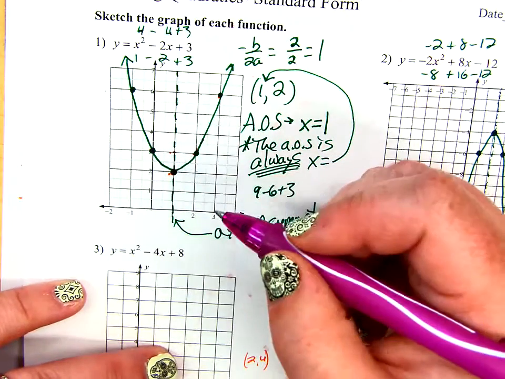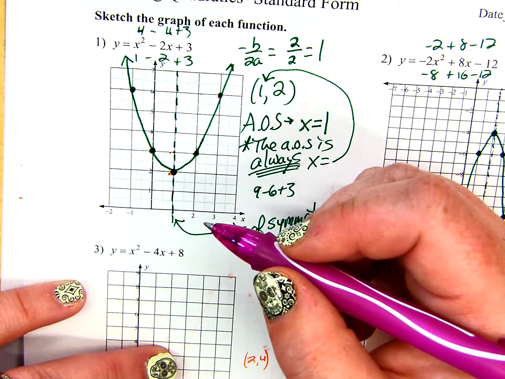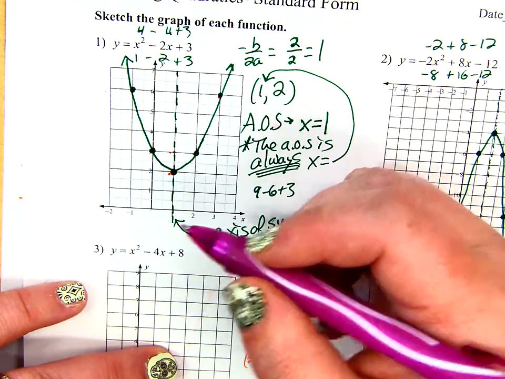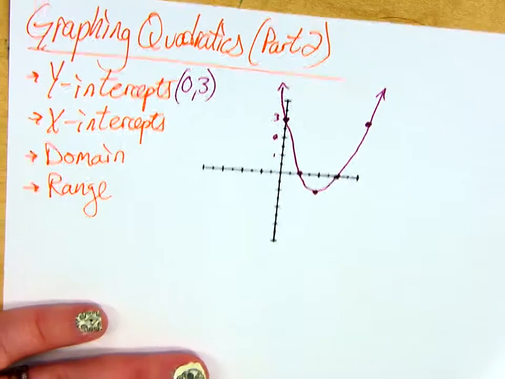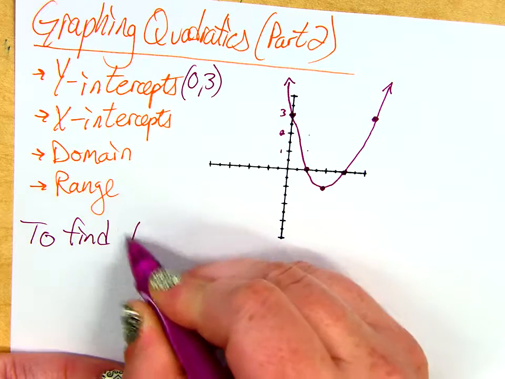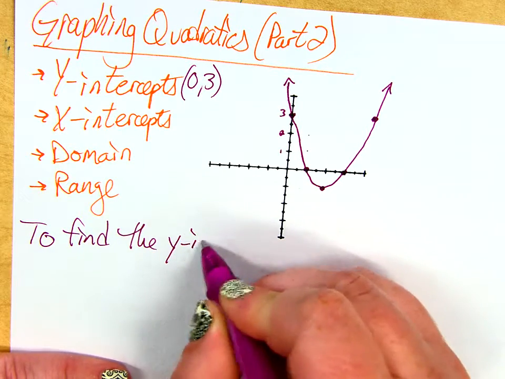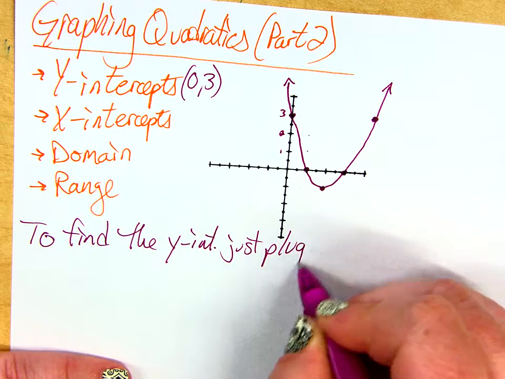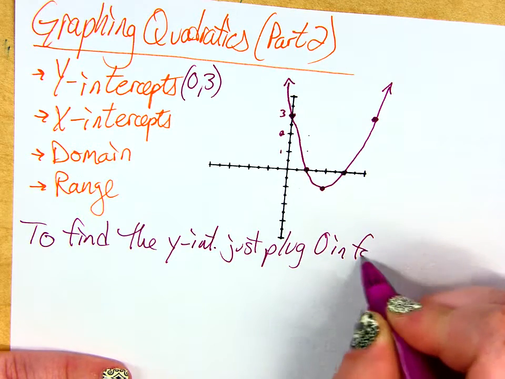So if I want to find the y-intercept without graphing, I just plug in 0 for x and see what I get out for y. It's just that easy. So to find the y-intercept, just plug 0 in for x.